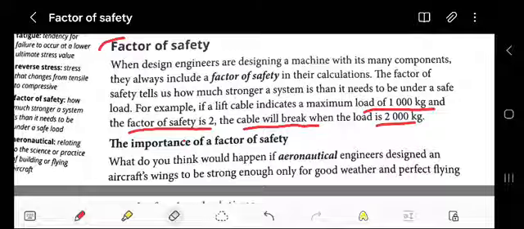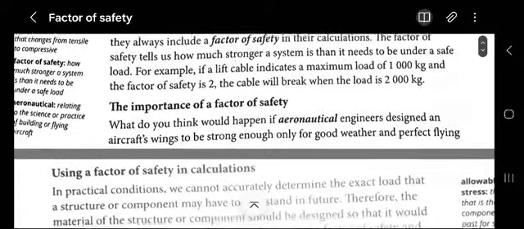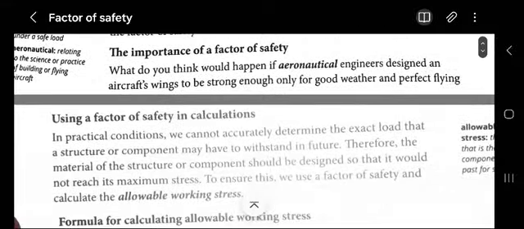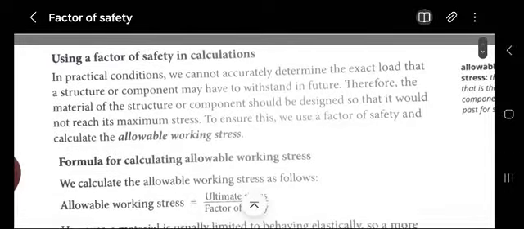So what they're trying to say is, engineers use a factor of safety. What do you think will happen if an aircraft wing were designed to be strong enough only for good weather and perfect flying? So the factor of safety is very important.